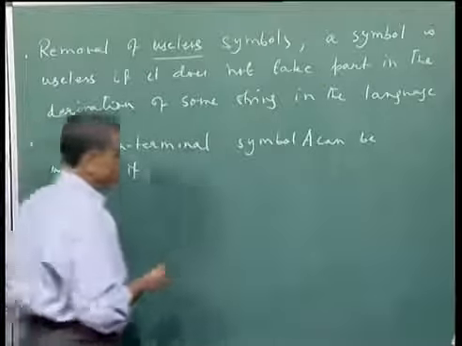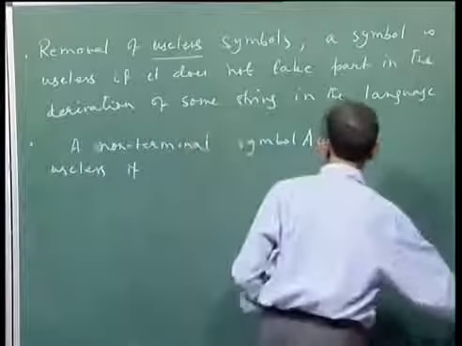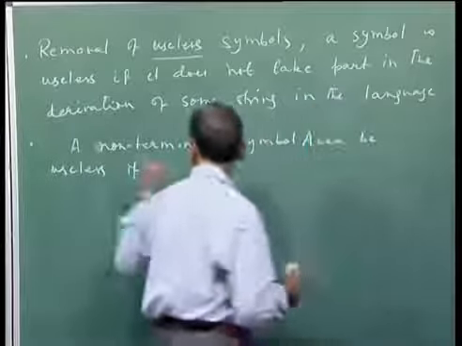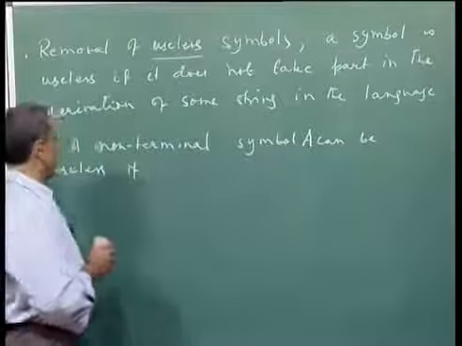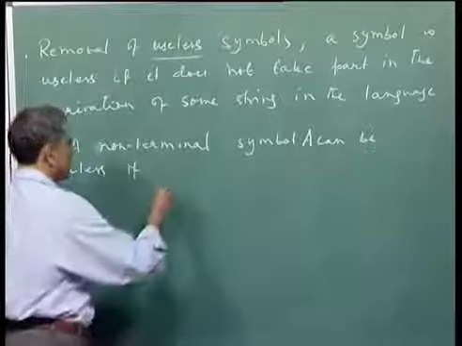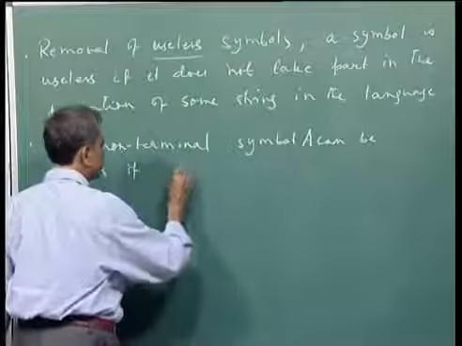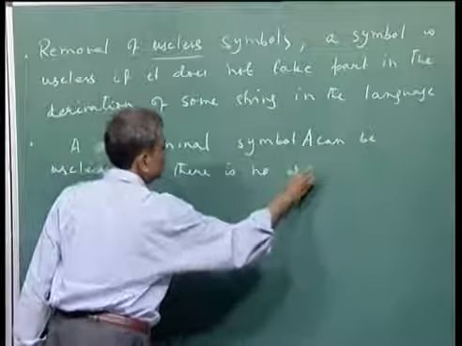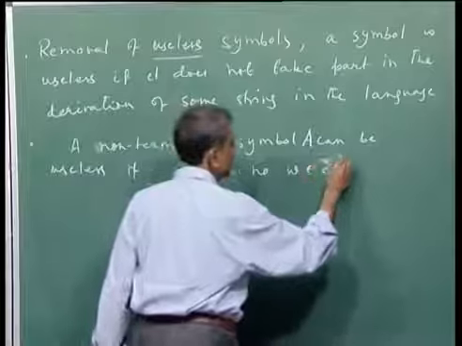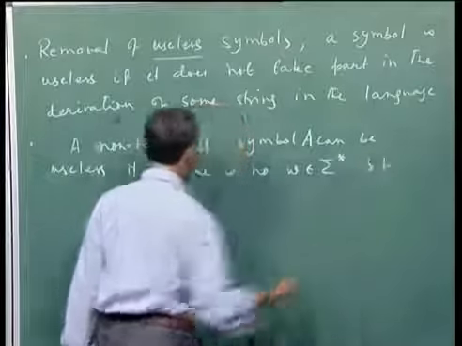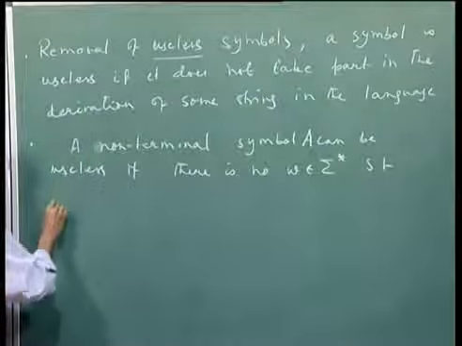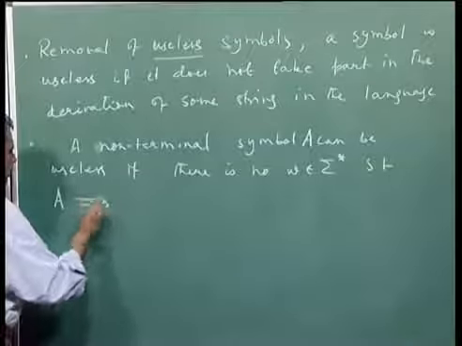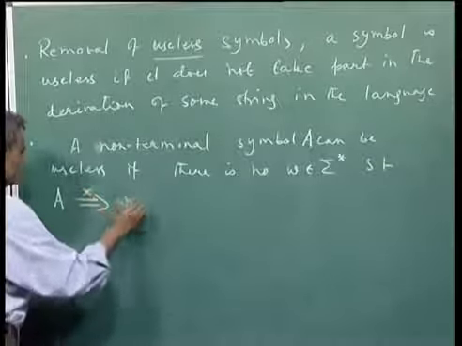What do we mean by this? Or we can simply say one of the ways a non-terminal symbol A can be useless is if there is no w in sigma star such that A derives this terminal string.